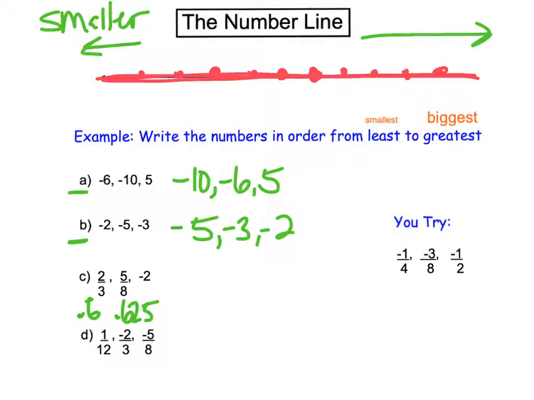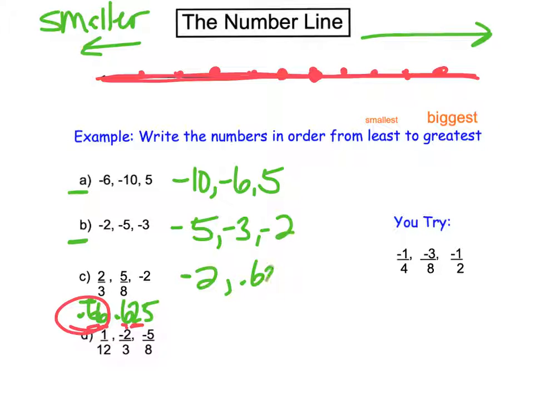So the smallest number in this list is -2, and then you need to look at these two numbers, which in the tenths place look identical. You both have 6s, but then you need to move one spot over into your hundredths place and compare those numbers. And this 6 and that 2 makes this the larger number of those two.